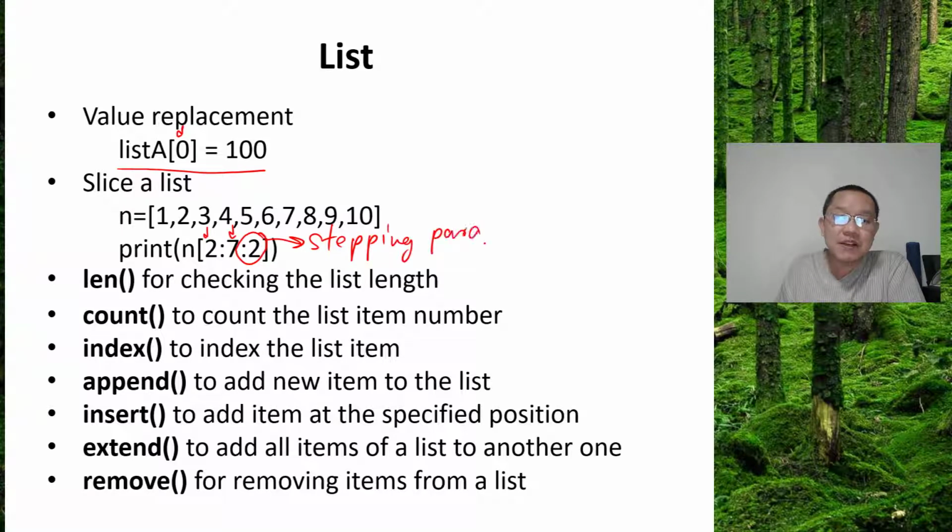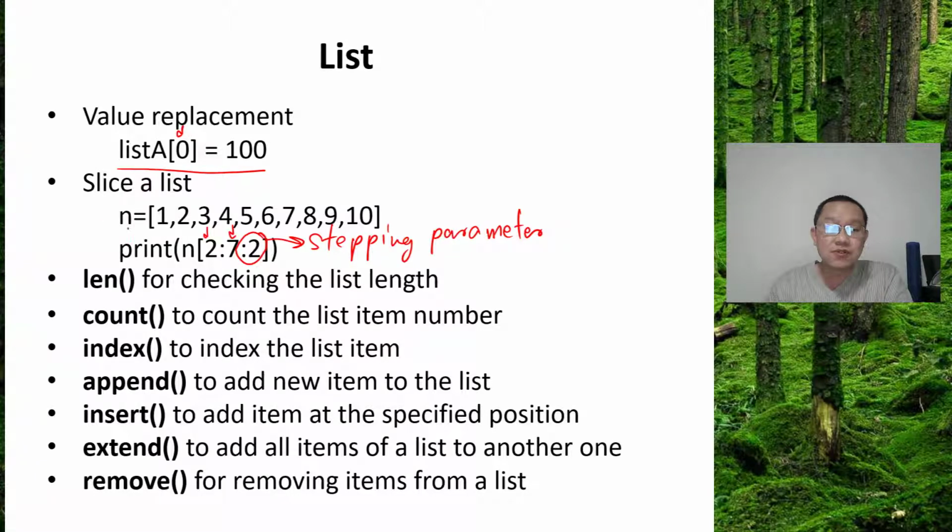The stepping parameter determines the repetition of the slicing to be at every two positions or 3 positions. So if it is 2, it is at every 2 positions from left to right. If the number at this 3rd position is a negative number, it means the stepping goes from the right hand side.